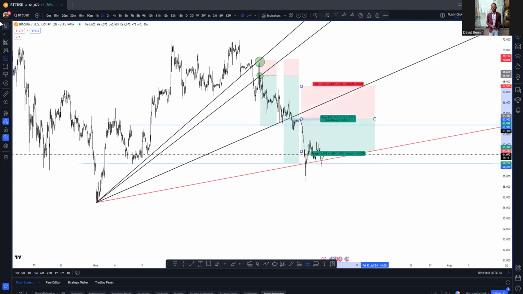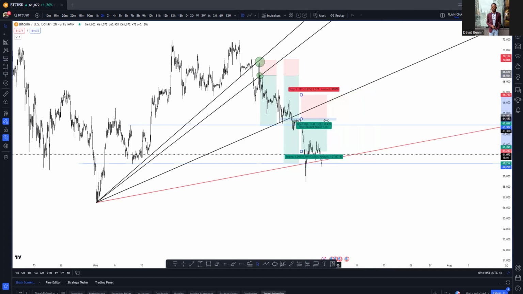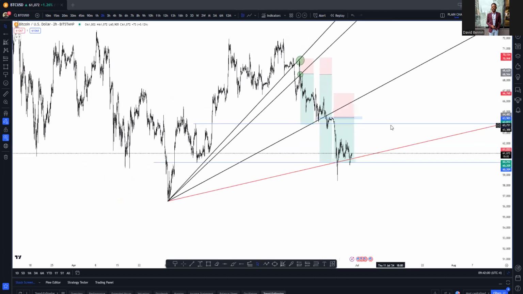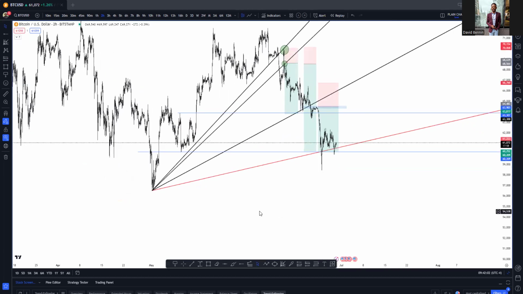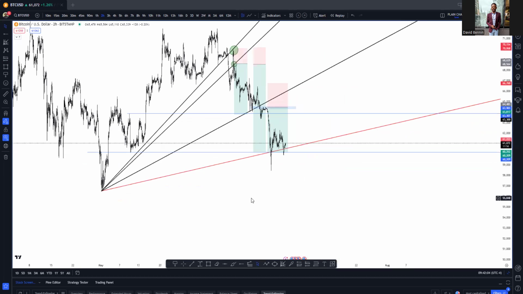But this one, the risk to reward would be terrible because your stop loss will go above the next structural point. Your stop loss will be here, and TP would be the same level. So this will be 1:1.8. You decide whether you want to take this trade or not. So what I said yesterday, there are multiple things happening here.